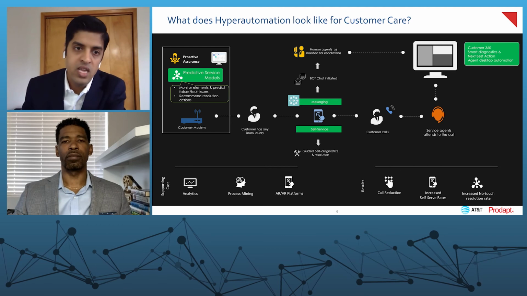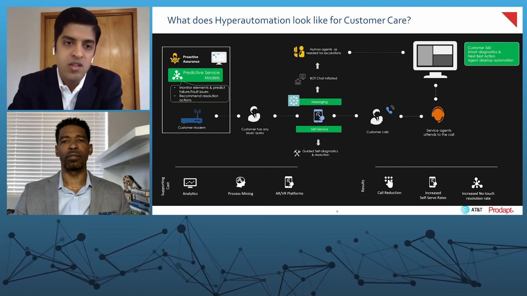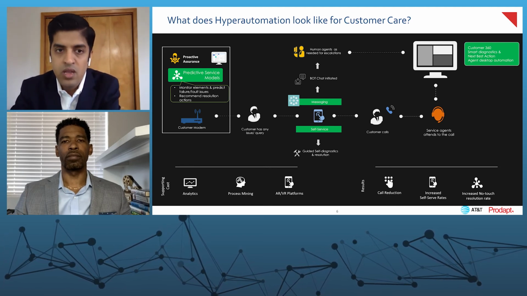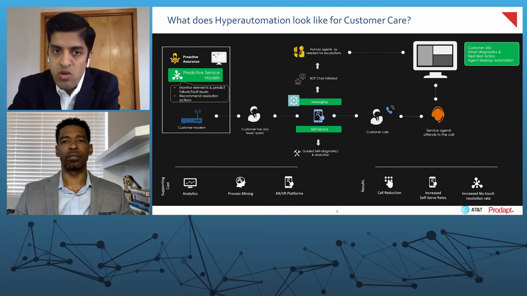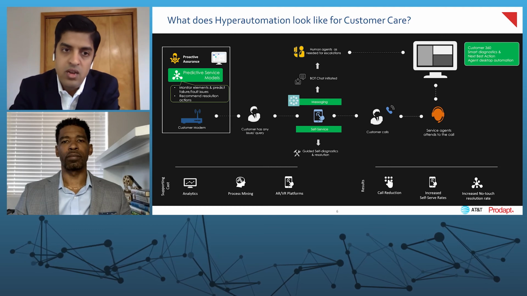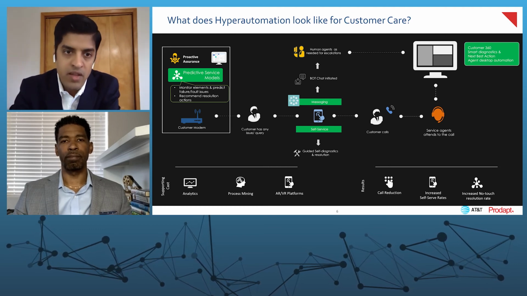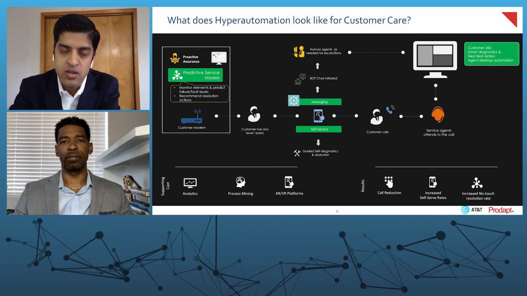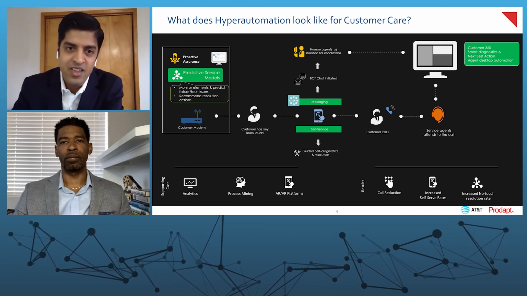Now, leaving that aside, even when the customer comes in and says, I have an issue or I have a query, there's a big drive across all operators to drive more customers to self-serve, right? And not have them wait on an IVR. None of us like to wait on an IVR.